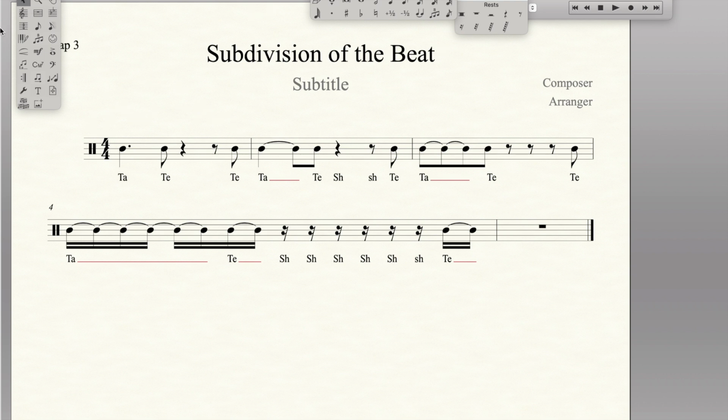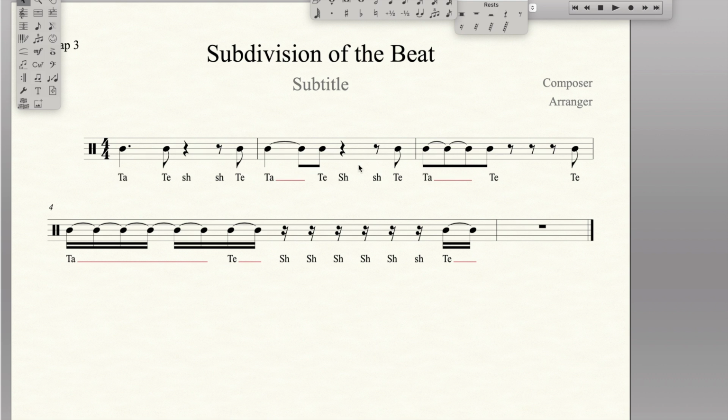Now let's put our sh in there. There we go. So I'm thinking ta, take, sh, take ta, take, sh, take ta, take, sh, take ta, take, sh. Over here, I've got it written out with the actual subdivision.